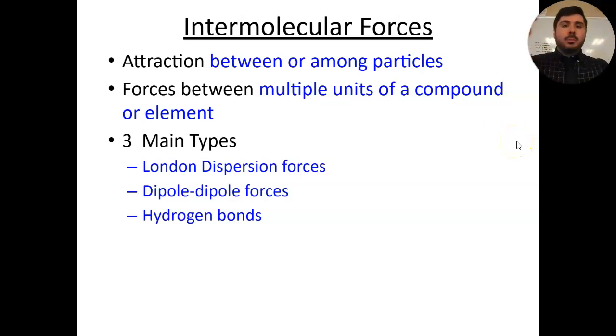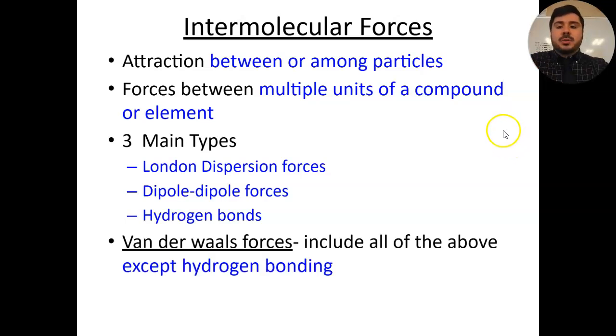There's also an umbrella term that we're going to utilize called van der Waals forces. It encompasses all of the above except hydrogen bonding specifically. So van der Waals forces is an overarching generalized term for the London dispersion forces and the dipole forces that you can see in certain molecules.